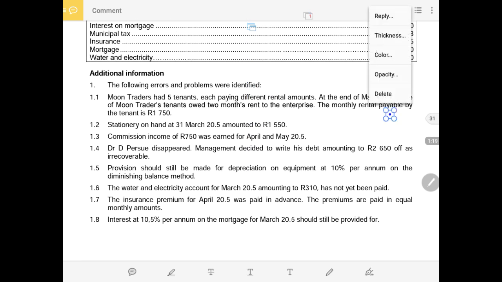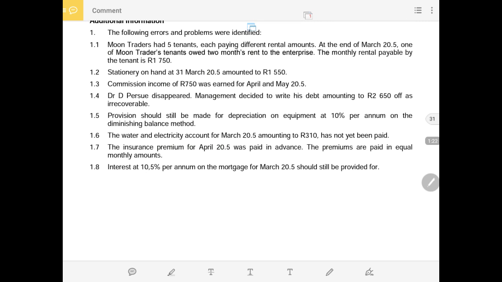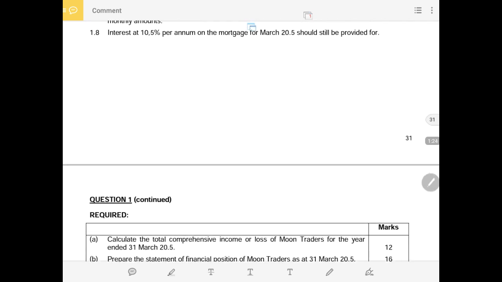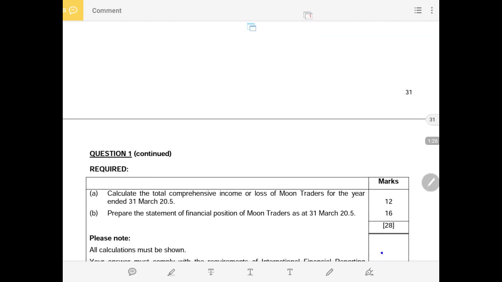Now, the minute you read the question and you discover that you are required to prepare these two, sometimes you will be required to prepare the statement of changes in equity somewhere there, maybe A1. They'll normally say prepare the statement of changes in equity for the year ended 31st of March.